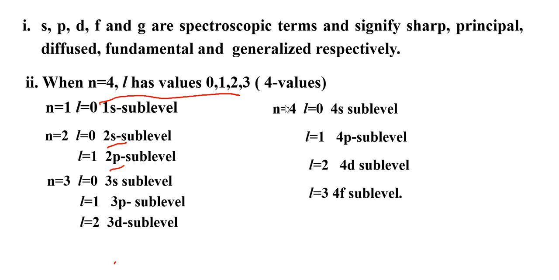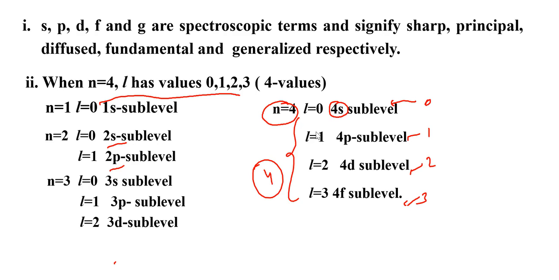Suppose n equal to 4, how many sublevels will there be? Total 4. What are the 4 levels? 0, 1, 2, 3. 0 means s subshell, then p, d, f. But which s? Since it is in the fourth, it is 4s, 4p, 4d, 4f, like this.